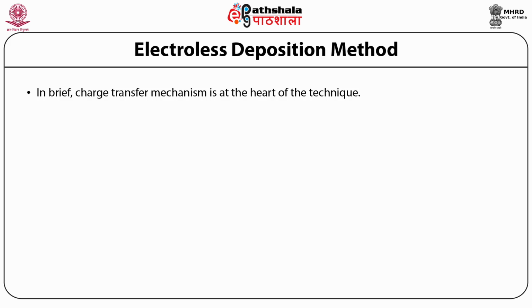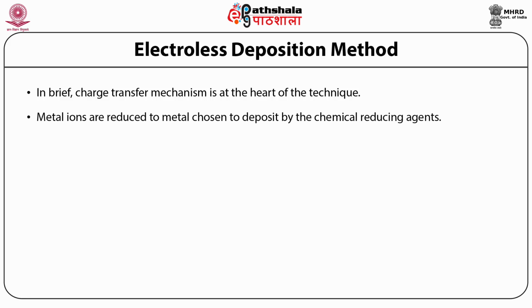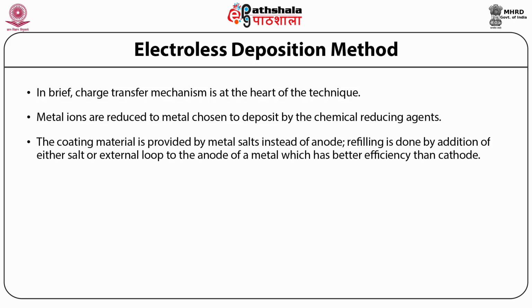In brief, charge transfer mechanism is at the heart of the technique. Metal ions are reduced to the metal chosen to deposit by the chemical reducing agents. The coating material is provided by metal salts instead of the anode.